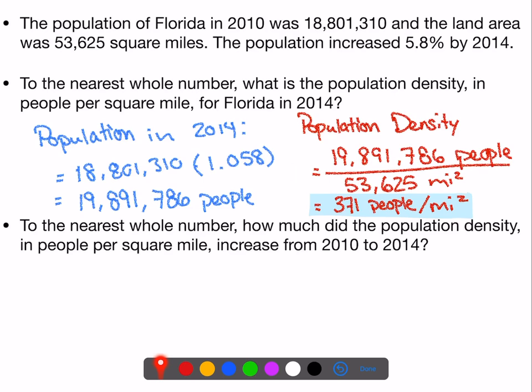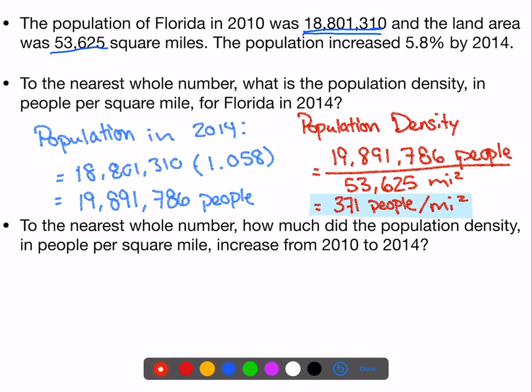If I want to see how much growth the population density occurred in Florida per square mile from this time frame, 2010 to 2014, I first need to find the population density in 2010. We can do that easily with the numbers they already gave us by dividing 18,801,310 by 53,625 miles squared.